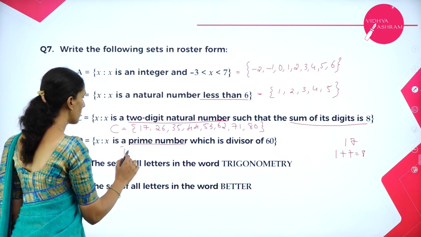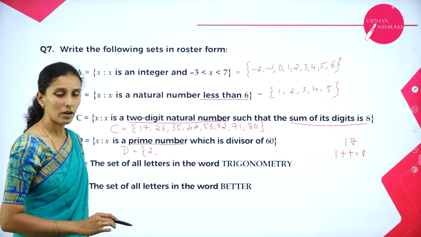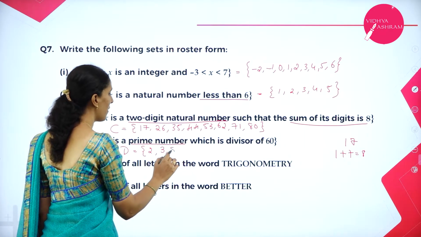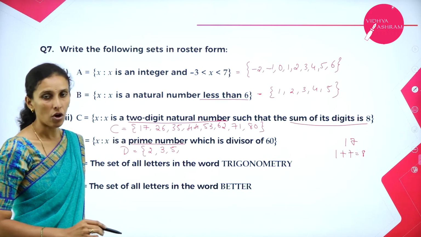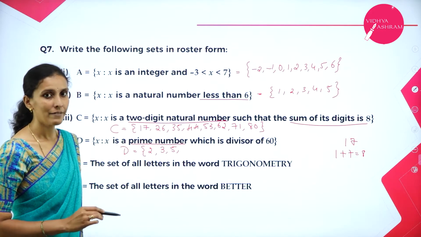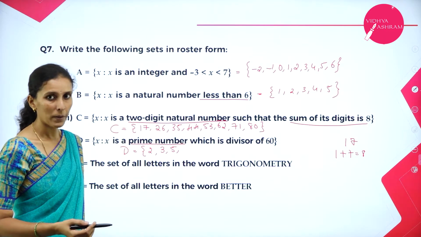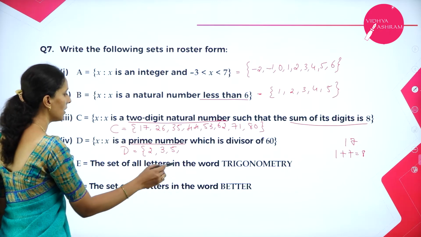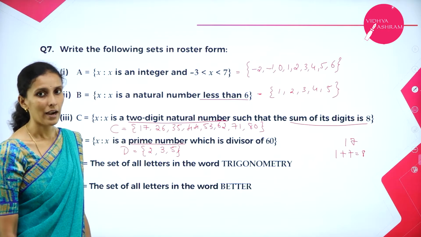So we know that 2 is a prime number which is a divisor of 60. 3 is again, 5. Next we have 10 which is not a prime number. Next we have 12 which is not a prime number. Again 15, it is not a prime number. Then 30, 60. So they do not form prime numbers. So we have only 3 elements, that is 2, 3 and 5.